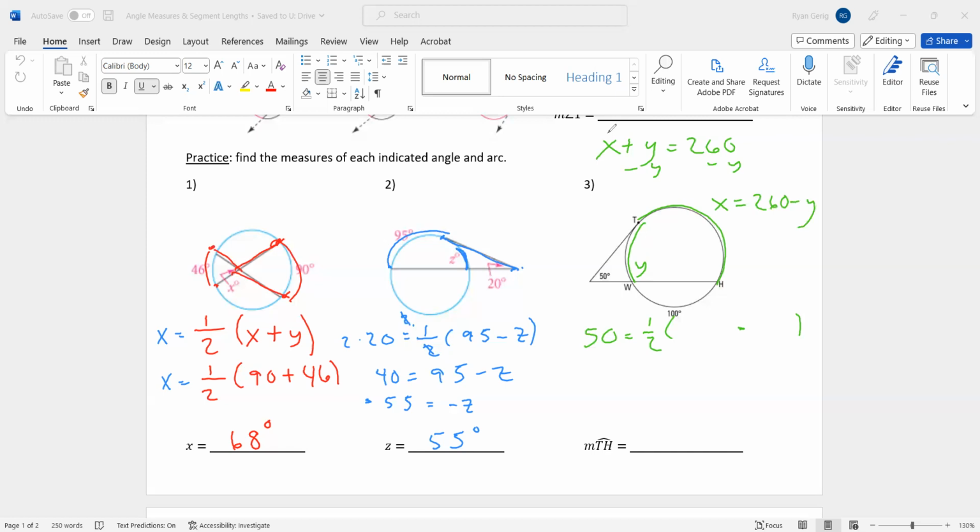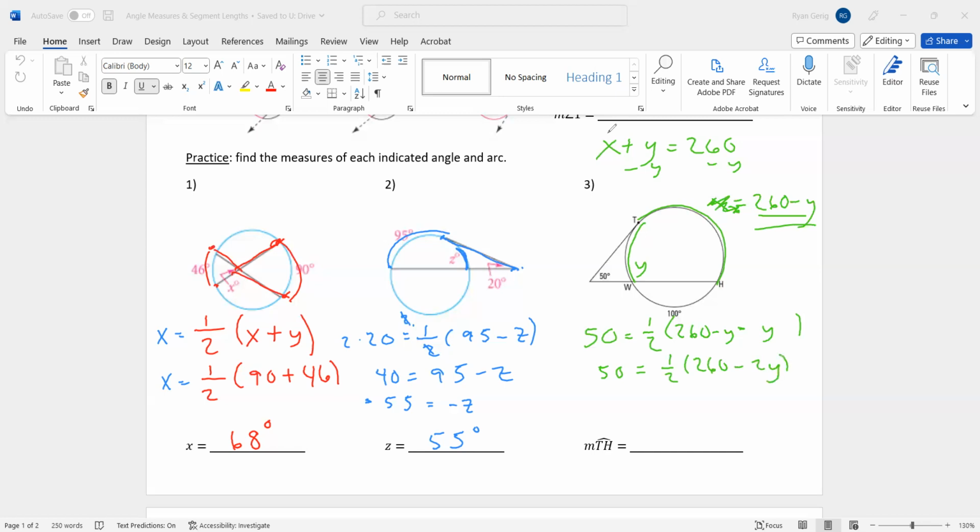Okay. Now, I can take X out and replace it with that 260 minus Y. So my outside arc is 260 minus Y. And then I subtract, oops, sorry, that's not quite right. 260 minus Y minus the inside arc, which is also Y. So that actually simplifies a little bit more to 260 minus 2Y.